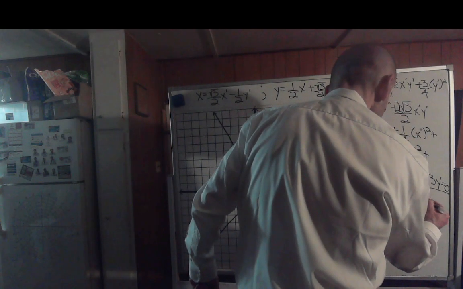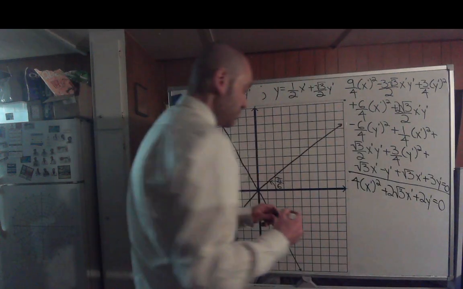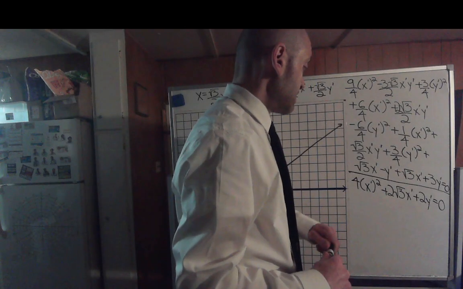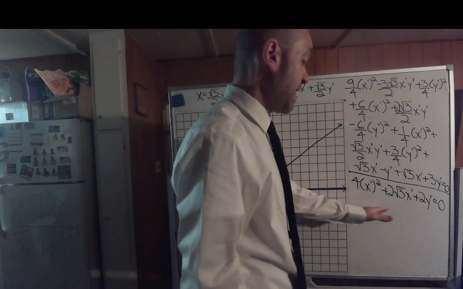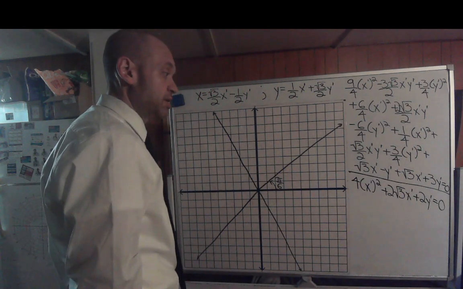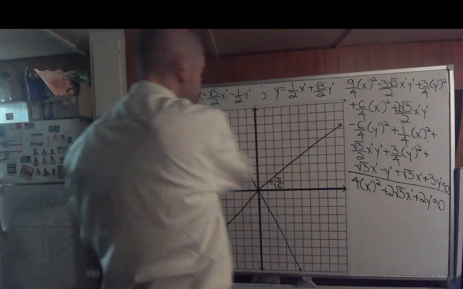So you have just a negative y prime plus 3y prime, so that'd be plus 2y prime is equal to 0. So what you're going to have actually here is a parabola. That worked out to be a parabola.